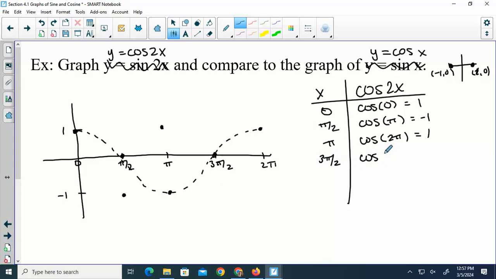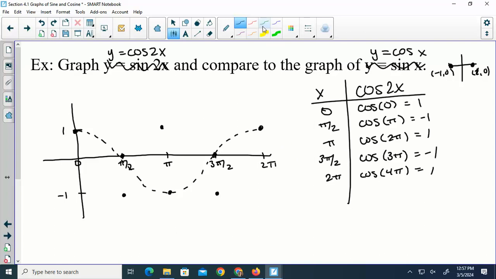So 2 times 3 pi over 2 is 3 pi. So here's 1 pi, 2 pi, 3 pi. We're back here and we're getting negative 1 again. If I put in 2 pi, 2 times 2 pi is 4 pi, which is back to 0. And we get 1. We know it's keeping the same shape.